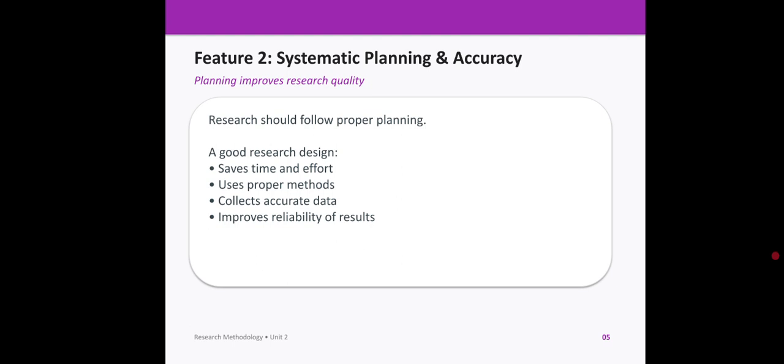which type of research method you are using for your research, and who will participate.